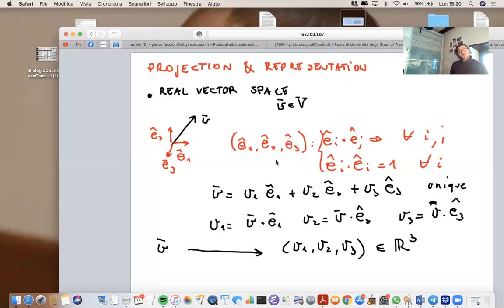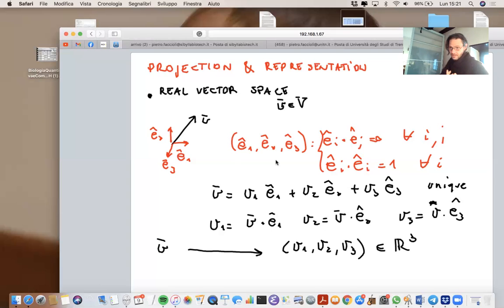So after you've chosen your basis, you can forget about drawing arrows and being abstract. You have now a way to represent uniquely, given a basis, every element of the vector space in terms of a set of numbers, and you call these numbers coordinates.